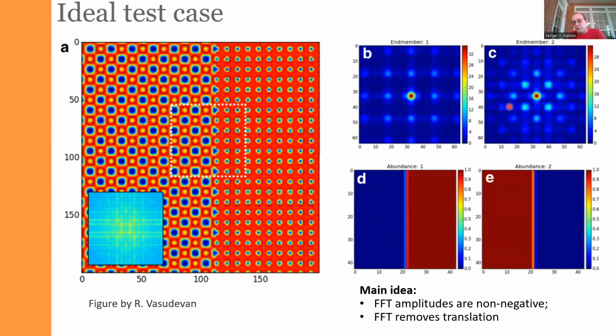Then we have two end members and two loading maps. And now something really cool has happened. Notice that this Fourier transform and this Fourier transform are exactly the Fourier transform of the pure phase on the left and the pure phase on the right. Our abundances change from 0 to 1 and from 1 to 0.